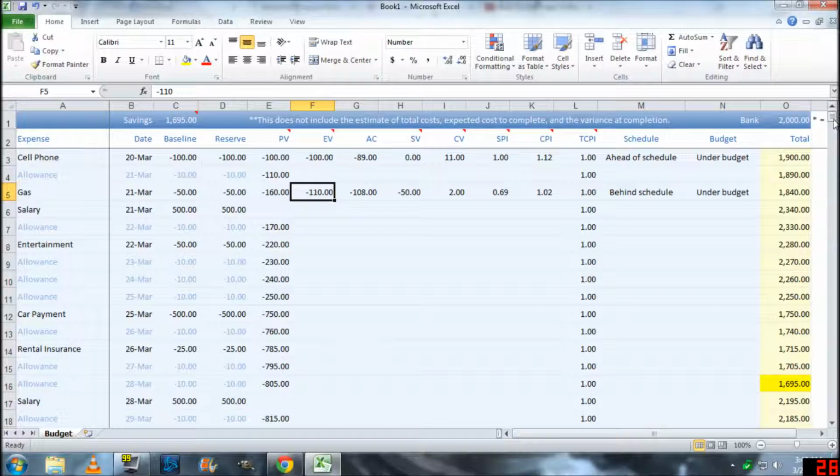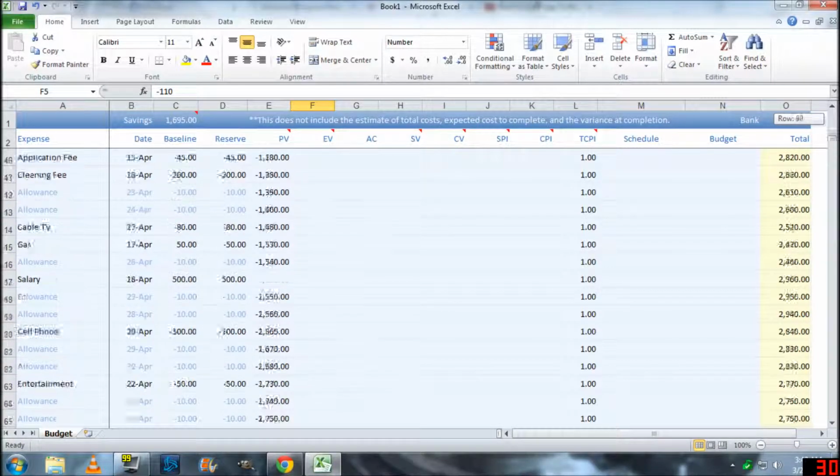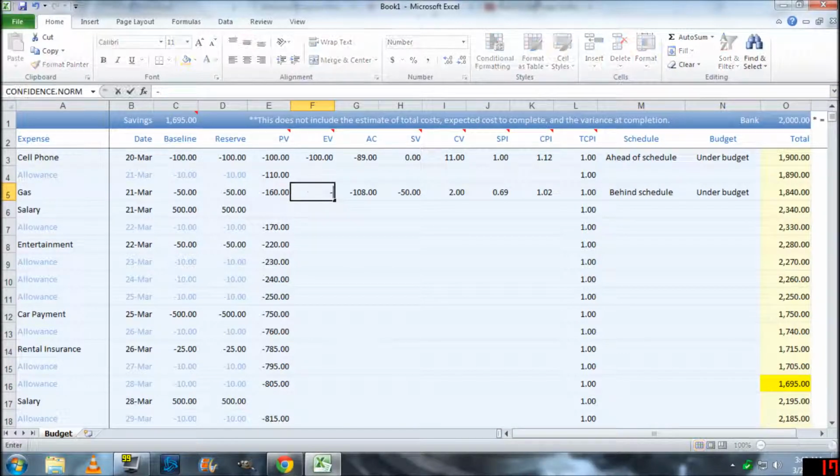Let's say my total budget for this year is 15,000. Let's just say I spent throughout the whole year 40,000. Actual cost is, say, 13,000.